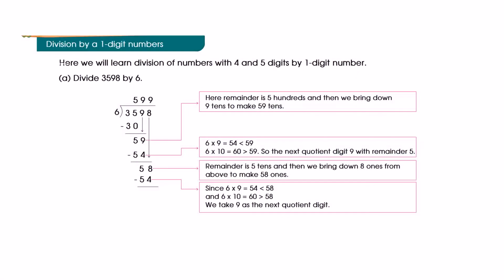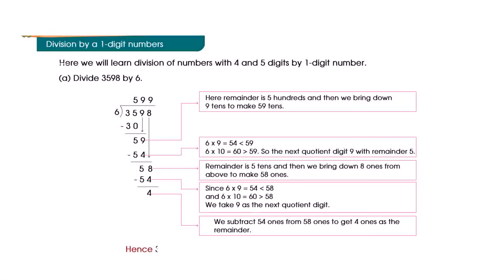We take 9 as the next quotient digit. We subtract 54 ones from 58 ones to get 4 ones as the remainder. Hence, 3598 divided by 6 gives 599 as the quotient and 4 as the remainder.